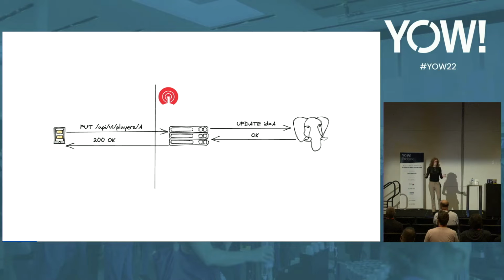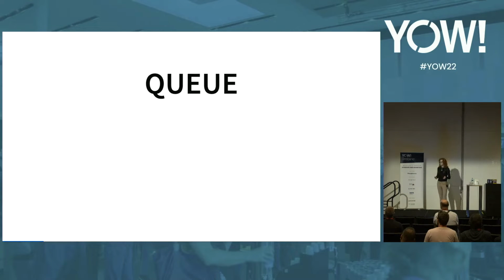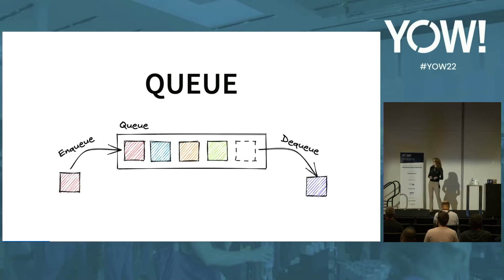So what were we going to do with these updates? We decided to stick them in a queue because queues are a lot easier to control, right? Just like the queue you wait in at the cafe, you enqueue stuff at one end, and you dequeue stuff at the other end when it's ready to be processed. When we had this variability in the enqueue rate at the hour and half-hour marks, we were able to keep the dequeue rate the same.